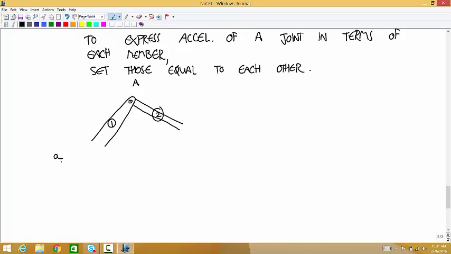You can write the acceleration of A according to 1 as the acceleration of the center of mass of 1 plus alpha 1 cross R1 plus omega 1 cross quantity omega 1 cross R1.